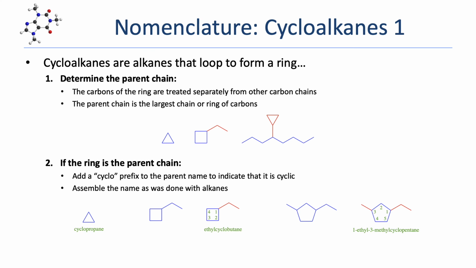So here we have to rely on that alphabet rule, where the group that is alphabetically first, in this case ethyl, gets the lower locant. So that way we have 1-ethyl, 3-methyl. And make sure you number the carbons of that ring in the direction that gets you to the next lowest substituent most quickly. In this case, I had to go counterclockwise to get to the methyl on 3. Had I gone clockwise from the ethyl carbon, that would have actually made the value higher.